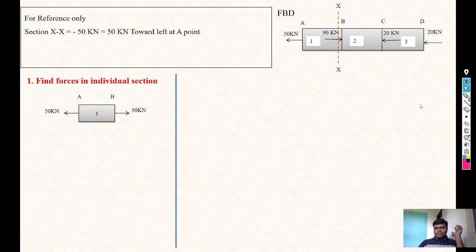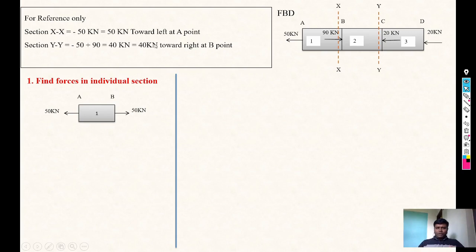Similarly, take another section YY and again focus on left side. On left side two forces are there, 50 kilonewton and 90 kilonewton. 50 towards left negative and 90 towards right positive. So minus 50 plus 90, that is plus 40 kilonewton.